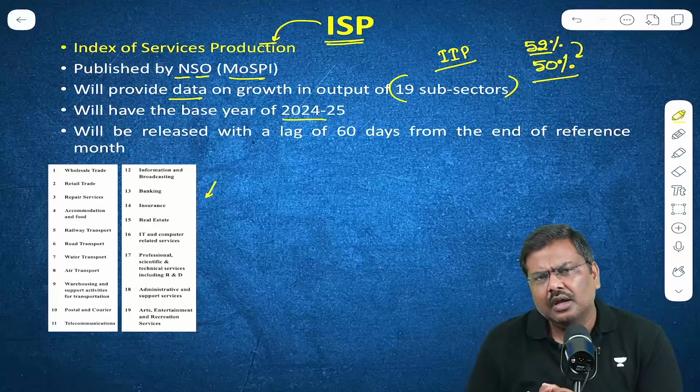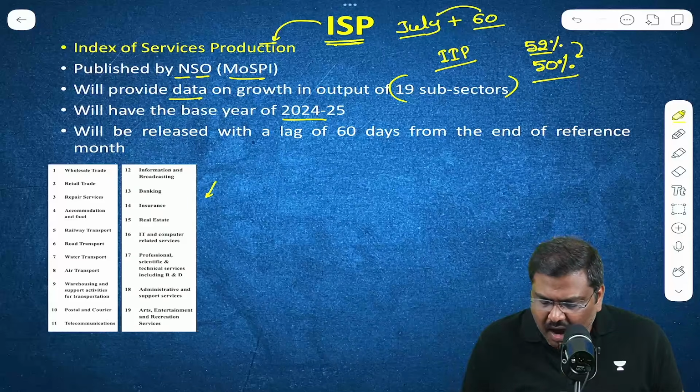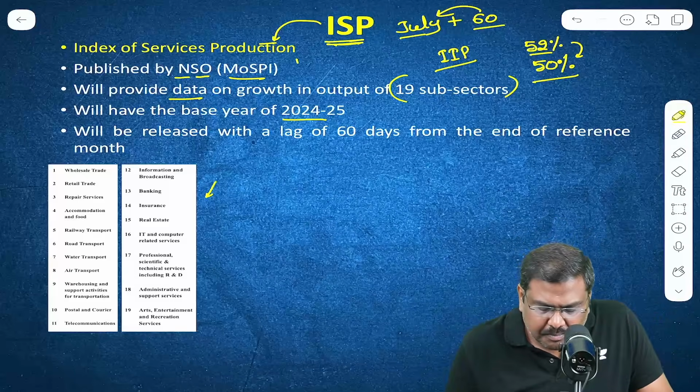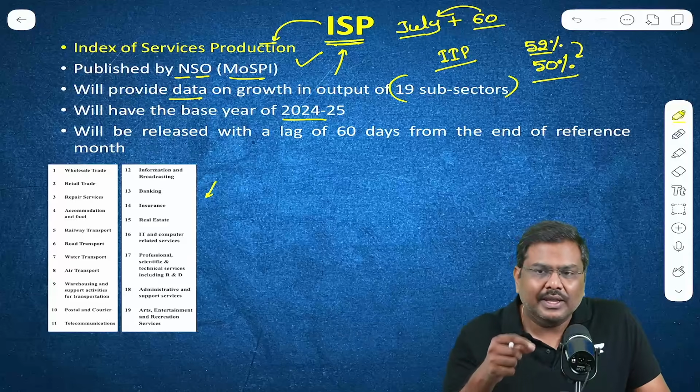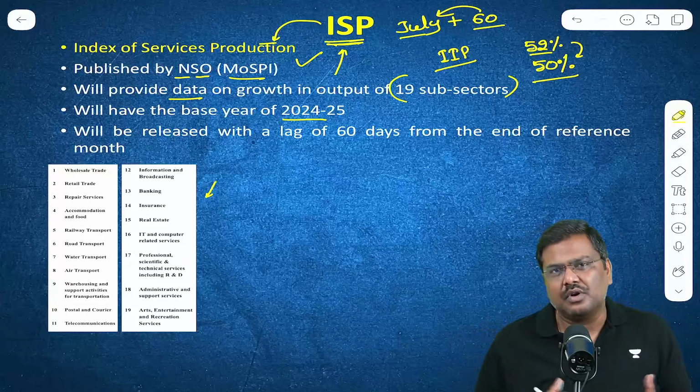For example, if you want to measure the ISP for the month of July, it will be published 60 days after the end of July. So these are very important points about the new indicator announced by the government, the Index of Services Production.